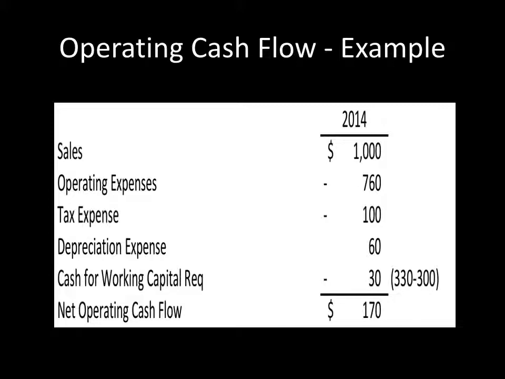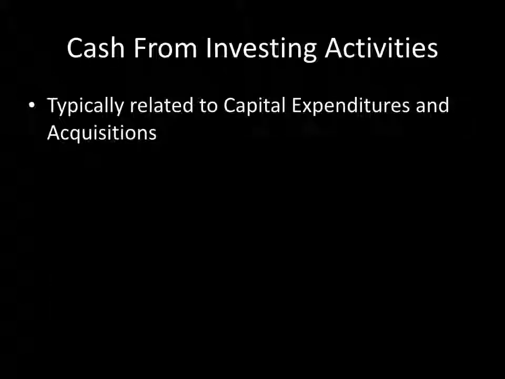Now this differs with the earnings after tax, which was 100, and definitely the addition to retained earnings, that was 50. So we're actually generating more cash from cash flow from operations that isn't necessarily reflected in the income statement. A lot of it is due to depreciation and also the working capital.